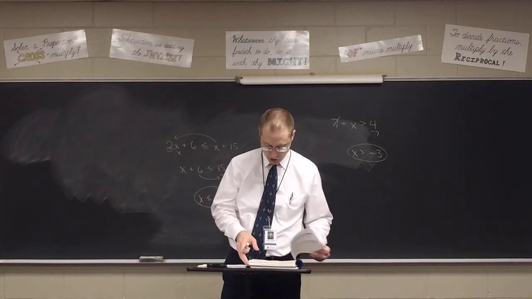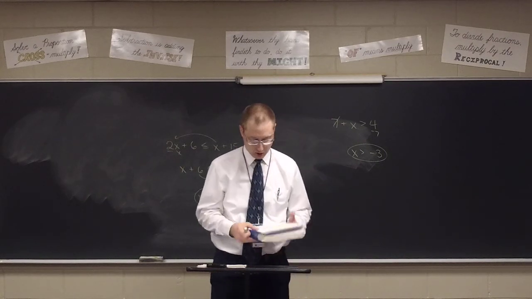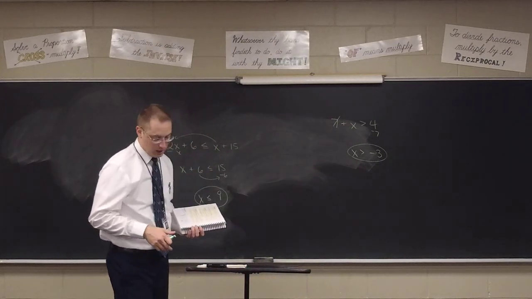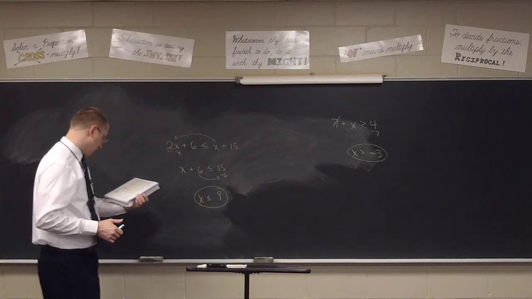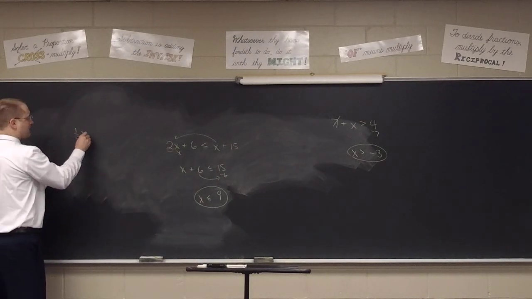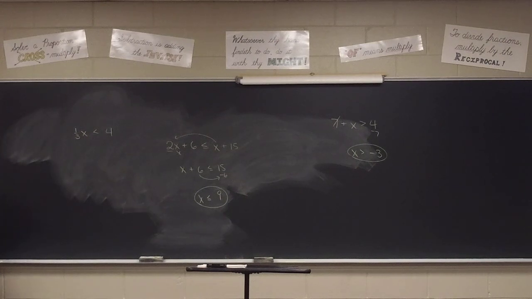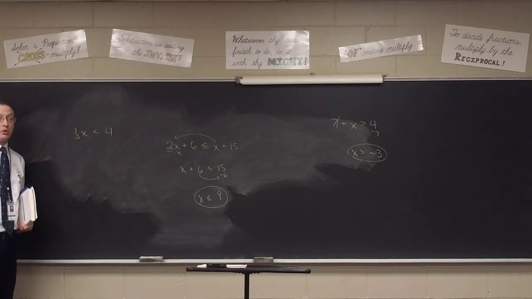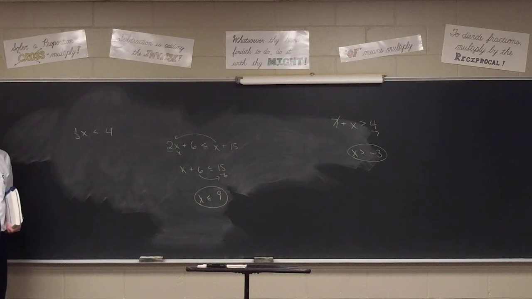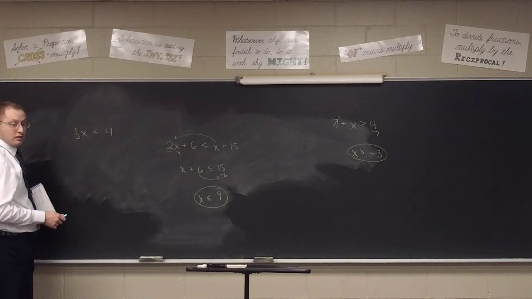Flip over to page 134. Let's take a look at some of these together. Problem number 4, they have a 1/3 x is less than 4. Ooh, I hate fractions. I hated them in equations. I hate them in inequalities because they're just like equations. Multiply everything, class, by the LCD.